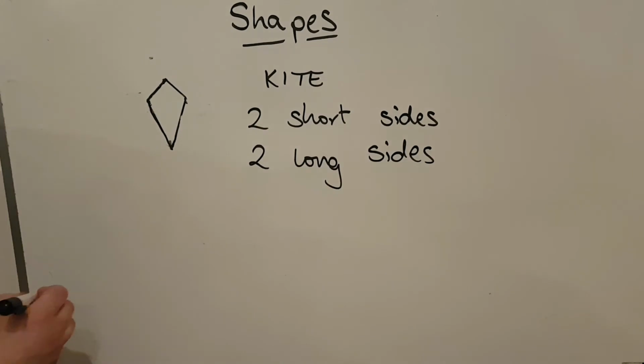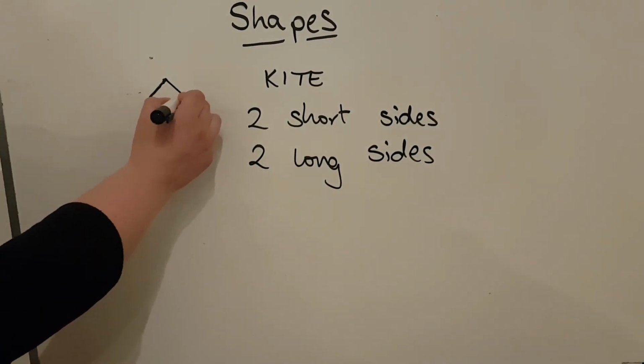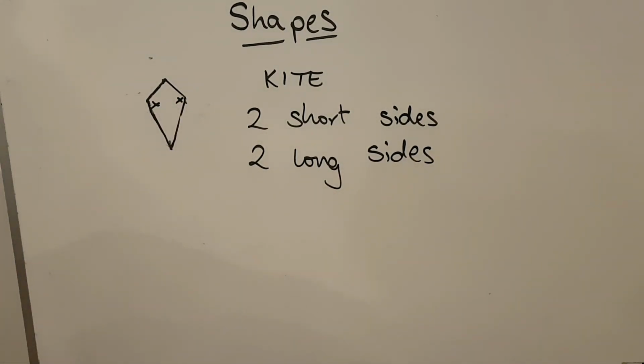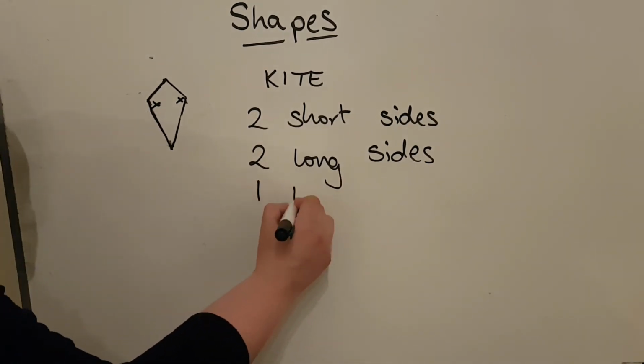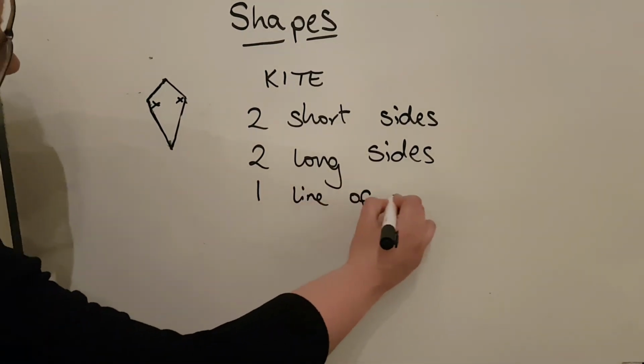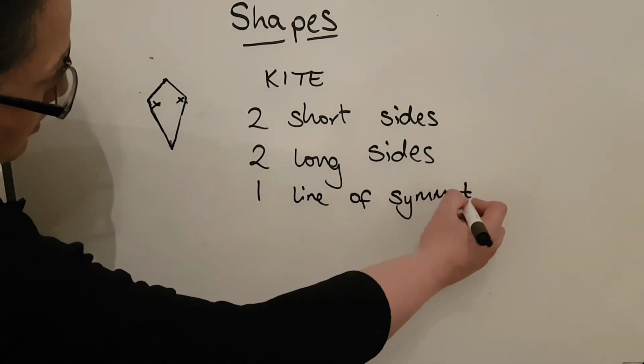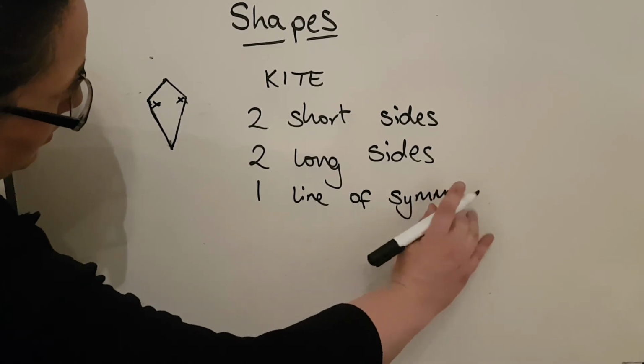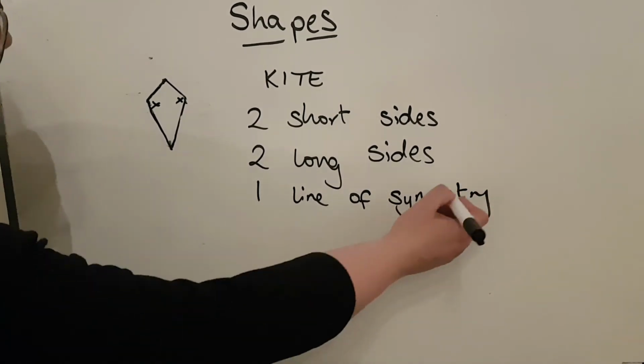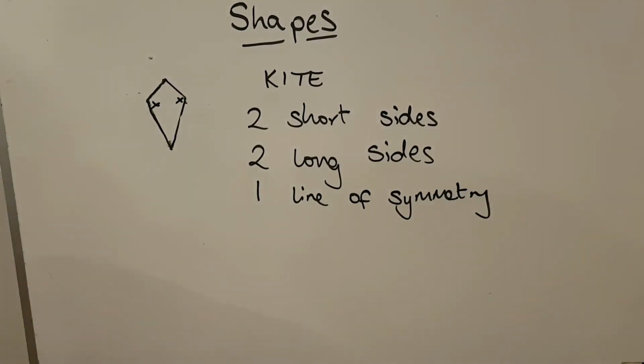We have got one pair of equal angles that are across from each other. The other angles are not equal. We have got one line of symmetry. And the diagonals meet at right angles.